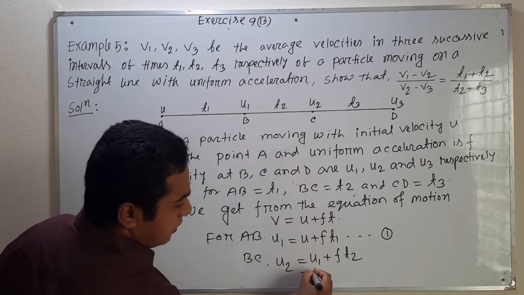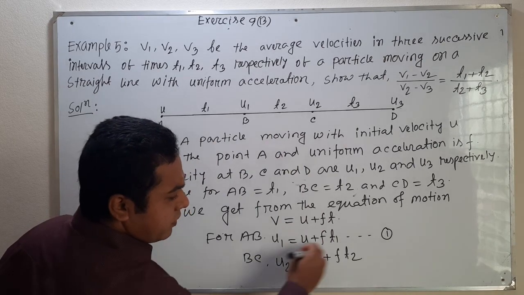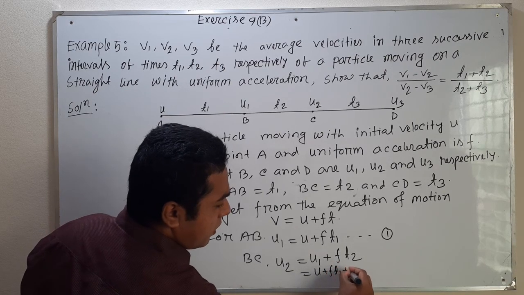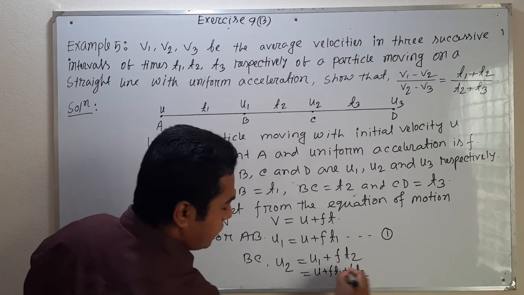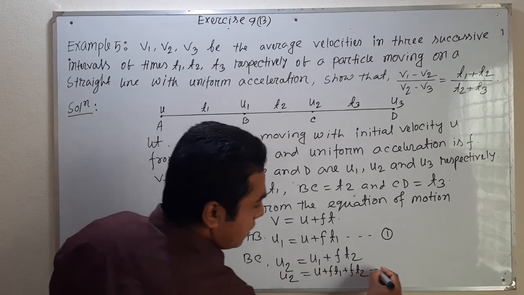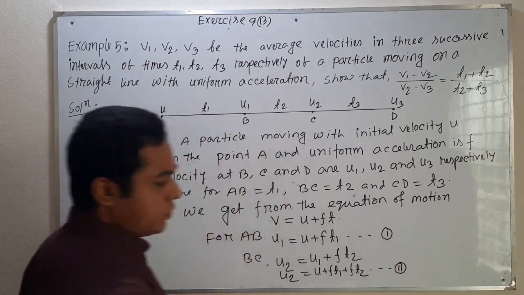Here u1 is equal to, by using 1, u plus ft1, so u2 is u plus ft1 plus ft2. Okay, this is equation number 2.